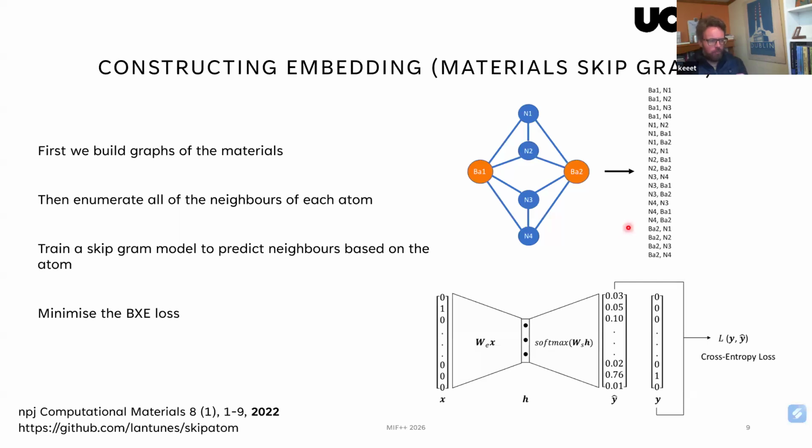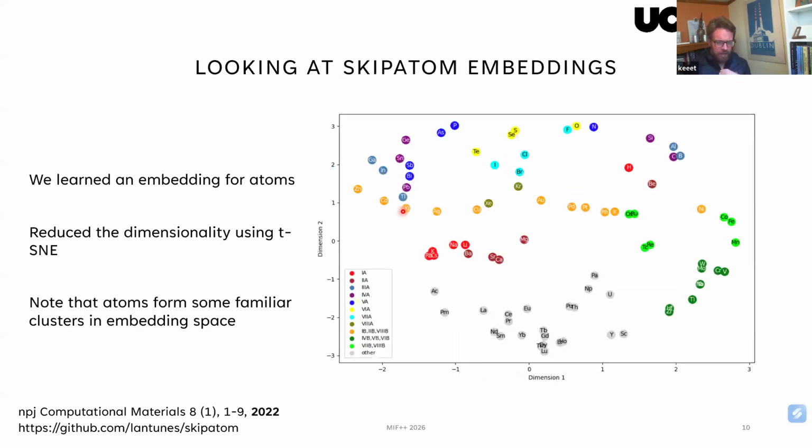Well, essentially we build graphs of the materials, and if we're doing nearest neighbors, first nearest neighbors, then you just look at the nearest neighbors of them, and from the localist representation of, in this case, barium, you try to predict these nitrogens that are bonded to it, and you kind of loop through the whole data set, and you compare your outputs to the actual output, and you calculate some cross entropy loss, and you just minimize that across your full data set, and you end up with your distributed representations for all the materials, which we can then take a look at here.